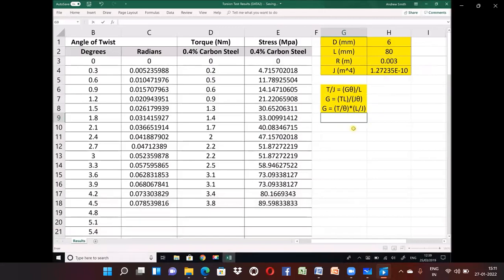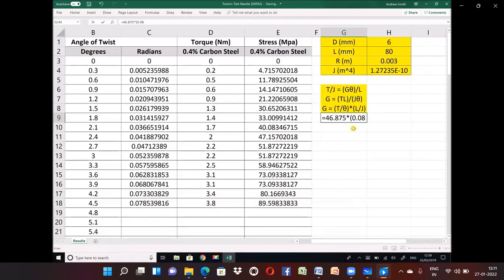Therefore, G for this material equals T over theta, 46.875 from our graph, times the length. Well, 80 millimeters, remember to convert to meters, is 0.08 meters.